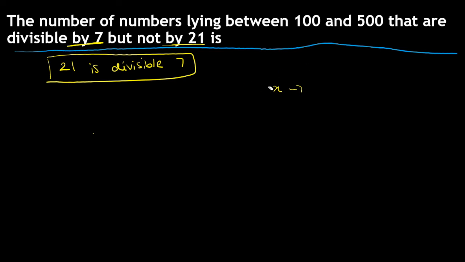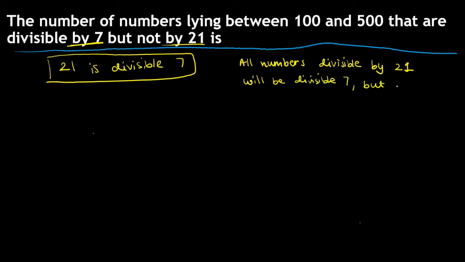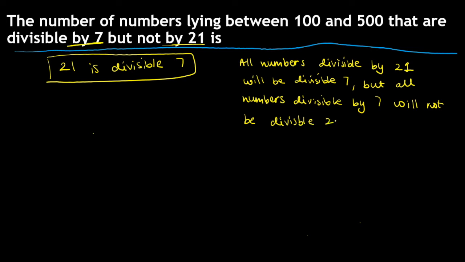So let's write that. All numbers divisible by 21 will be divisible by 7, but all numbers divisible by 7 will not be divisible by 21, right?